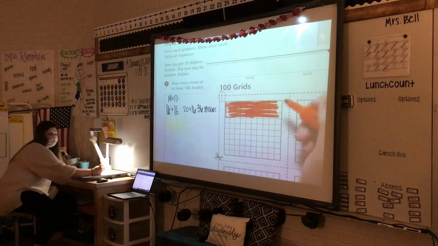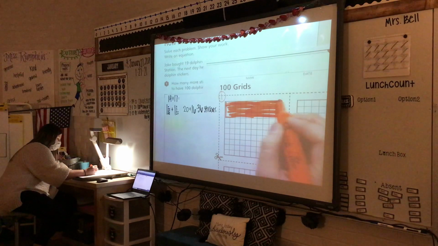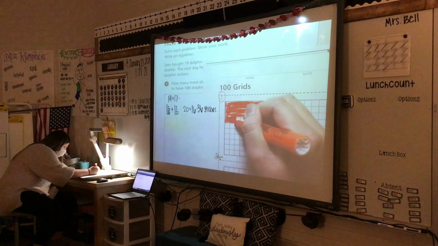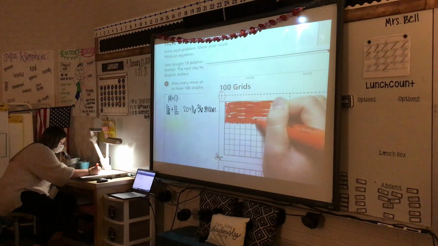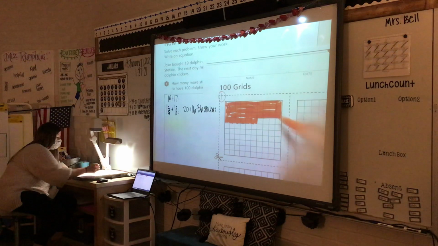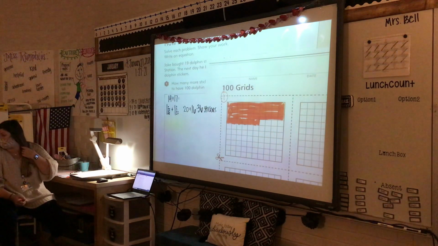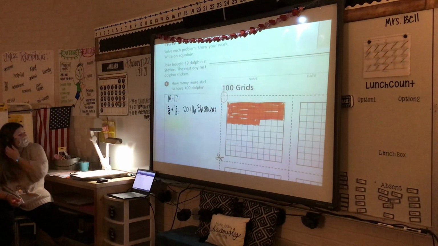So to shade 36, how many lines would I have to shade? Full lines I'd have to shade. 3 full lines and then 6 little single squares. Can we do this with crayons? Yes, you may. Definitely. That'll probably be easier. Okay.